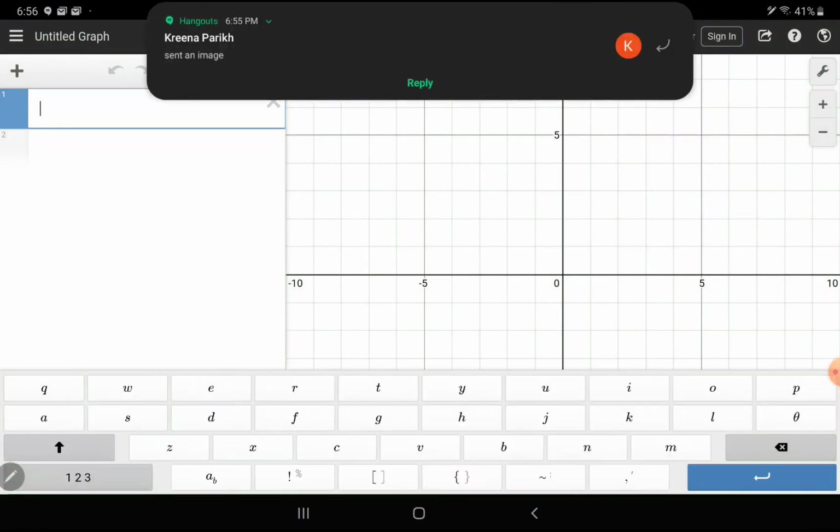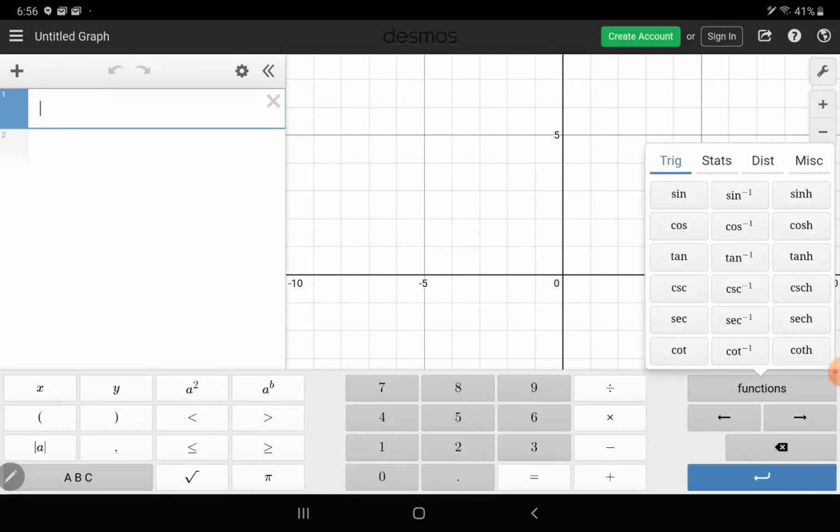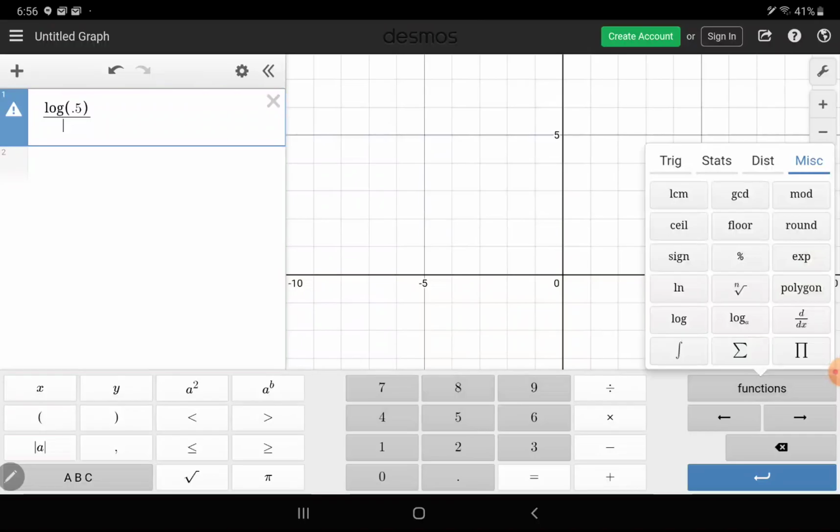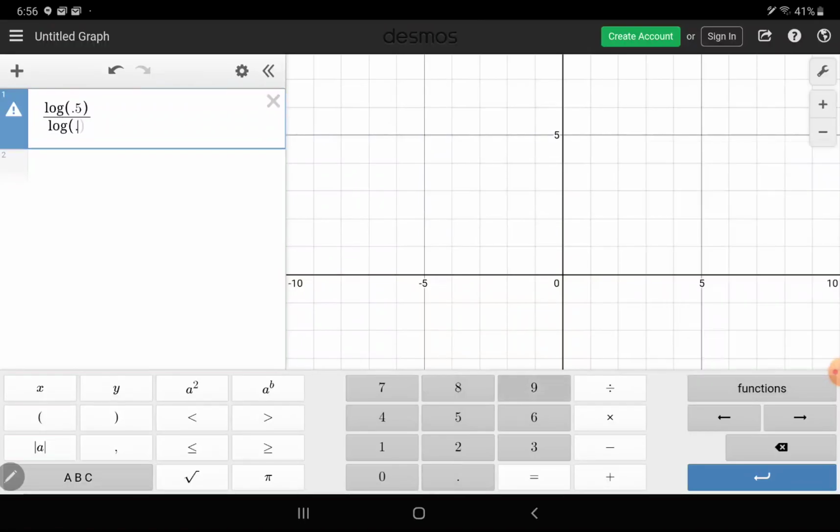I want log of 0.5, and then I want to divide that by log of 0.92. Log of 0.5 over log of 0.92 is actually 8.31 days.